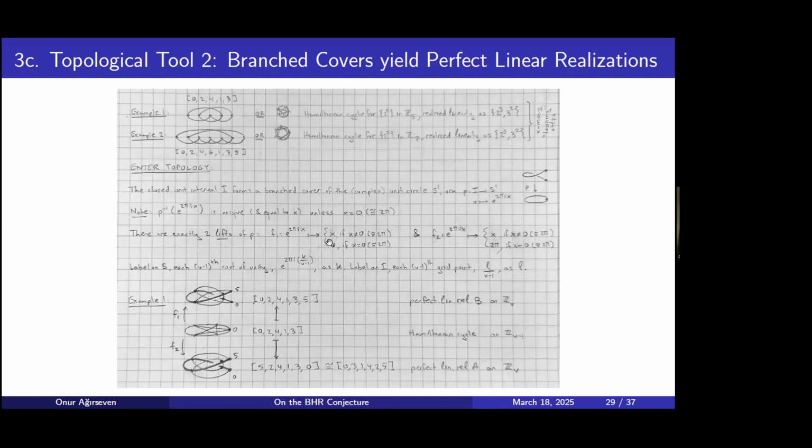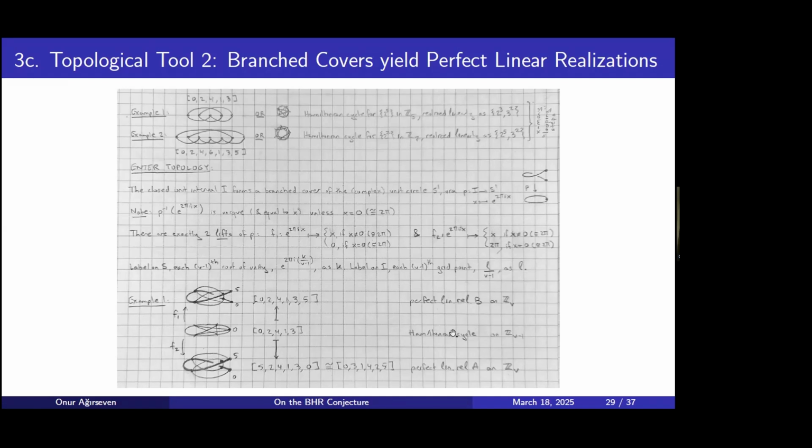And this is why I had initially mentioned that view with the nth roots of unity, because now it will be in my best interest to think of my vertices as nth roots of unity on this circle and consider what happens when I look at the liftings via this branched cover of my circle into these intervals. The interesting thing that happens is this cycle lifts exactly to those perfect linear realizations that we were noticing.